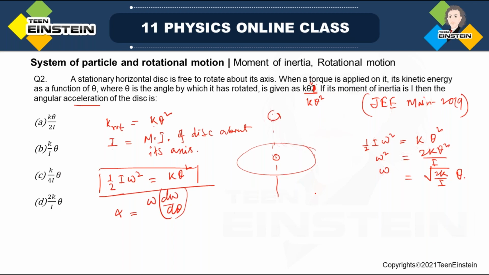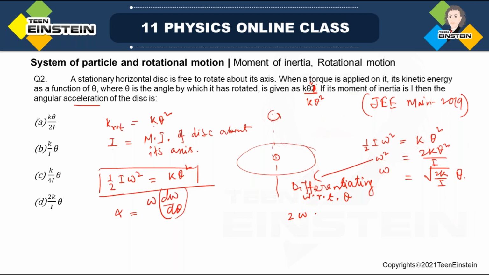This is omega. Now from here itself we can differentiate with respect to theta on both sides.